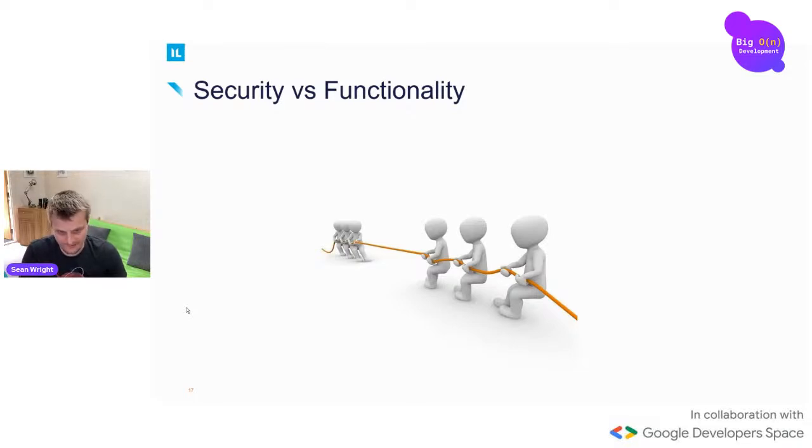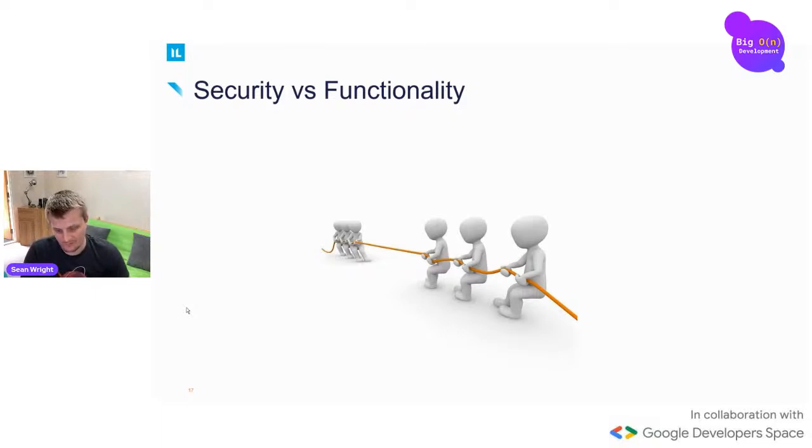And this is where it can get really difficult, because you've got two extremes. On one extreme, someone who wants all the functionality in the world and says, oh, security is holding us back. And at the other extreme, someone who wants the most secure system in the world, but that means the system is not going to be very functional or usable by its users. So it's about how we find that middle point.